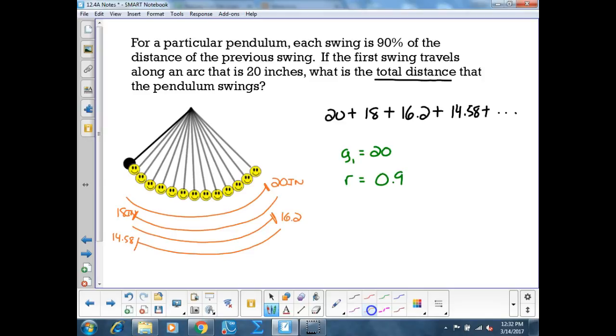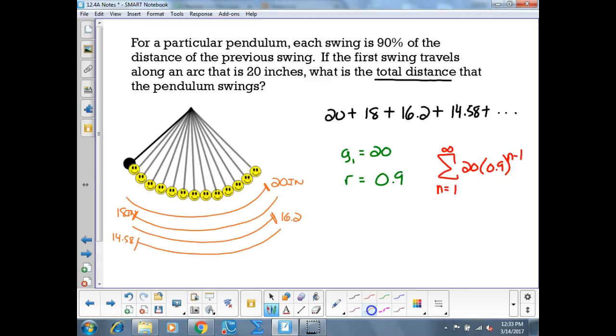So the total distance then would be that infinite sum, correct? So if I wrote out this series in sigma notation, I need to find the sum of all of those distances.